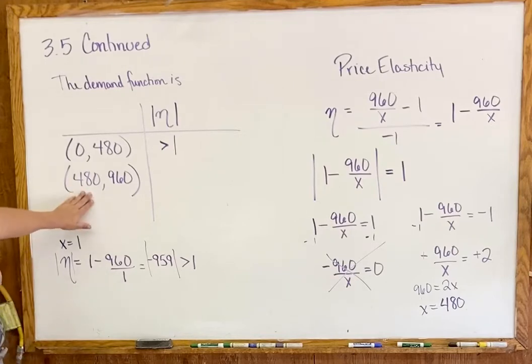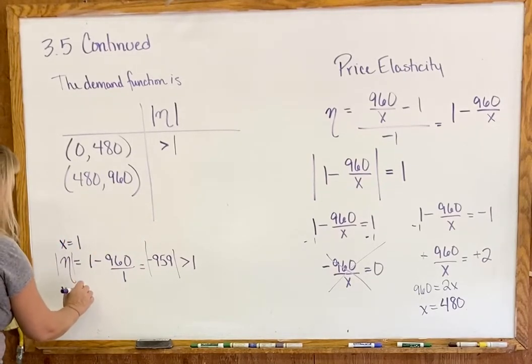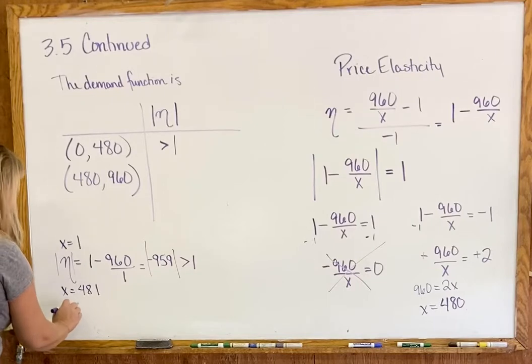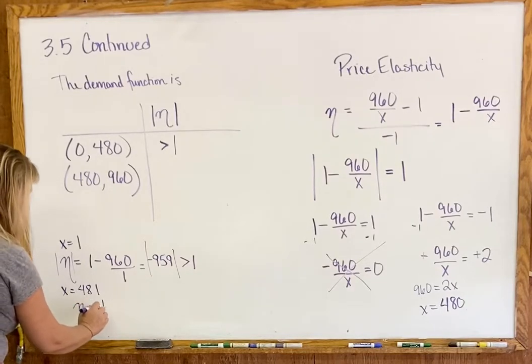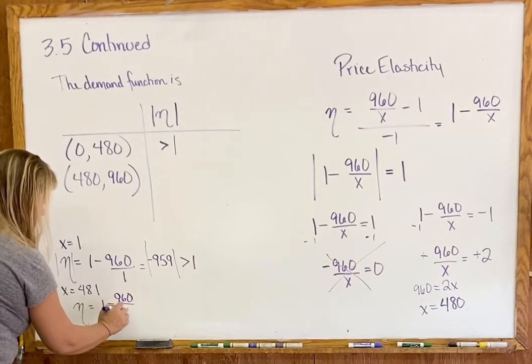Okay. Now we need to take a number out of this section, this interval. So, I mean, we could take 481. That would be perfect. So x equals 481. So eta equals 1 minus 960 over 481.